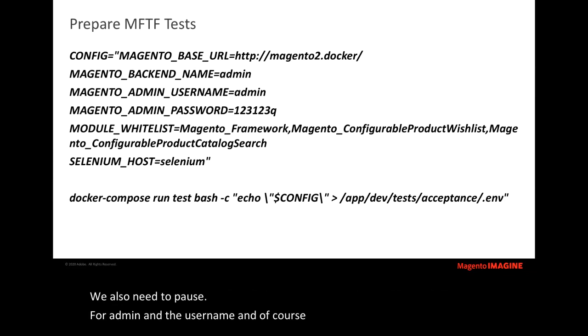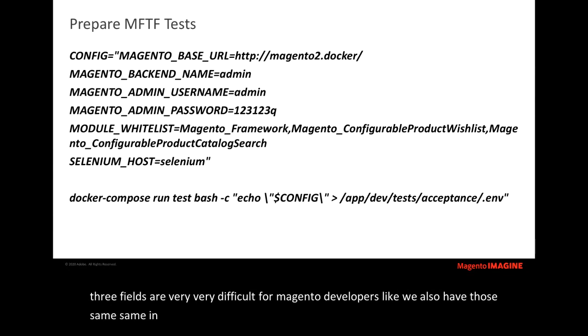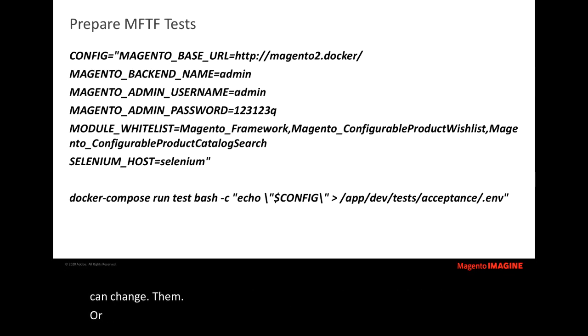You can see those three fields are very default for Magento developers, because we also have the same in the default Magento Cloud Docker installation, but of course you can change them to whatever you want. And if you change them, you will have to change your MFTF configuration as well.